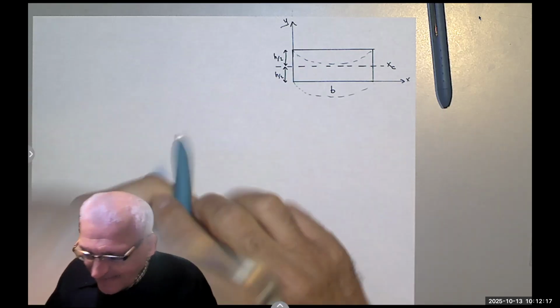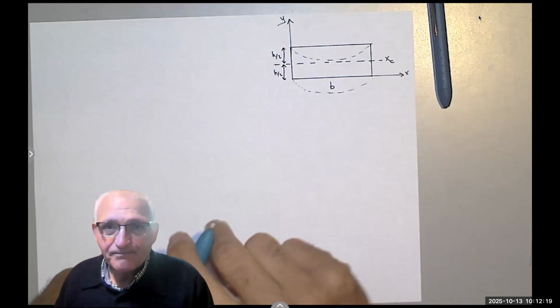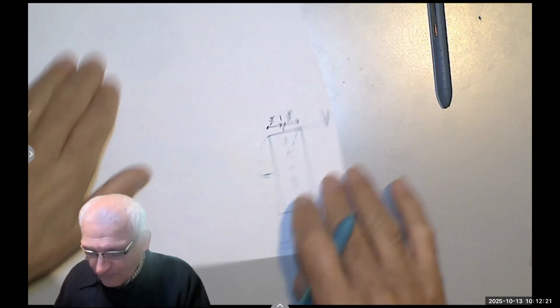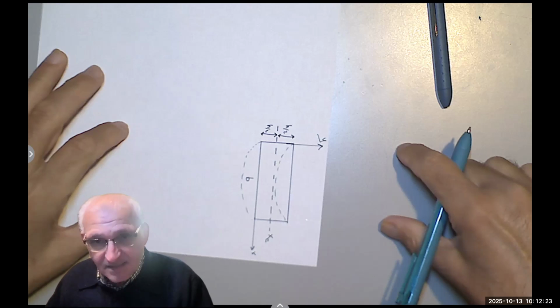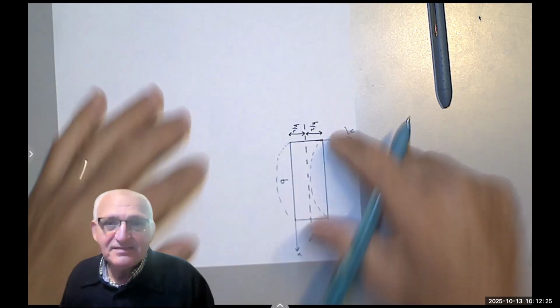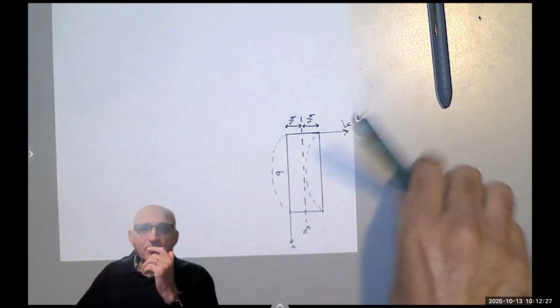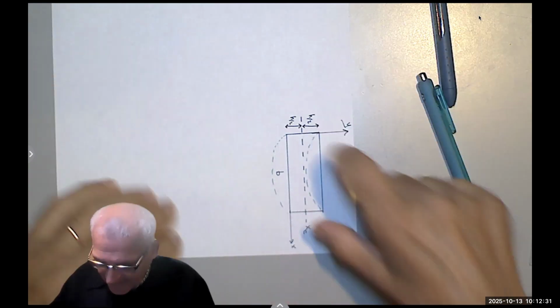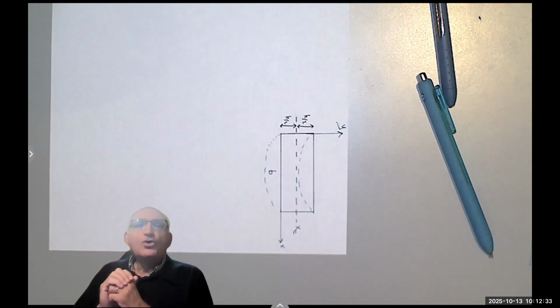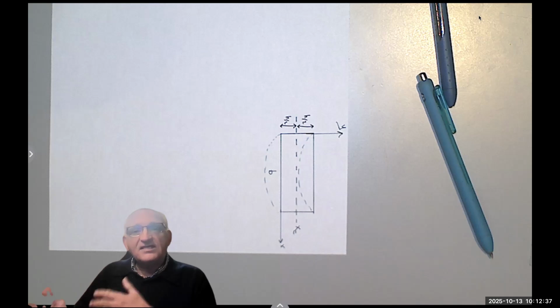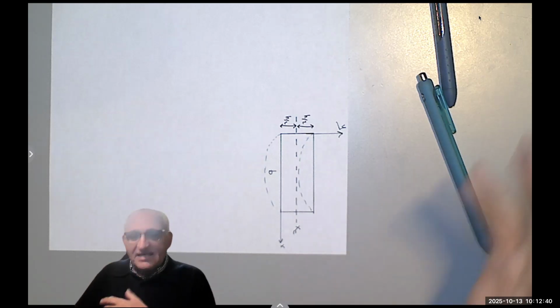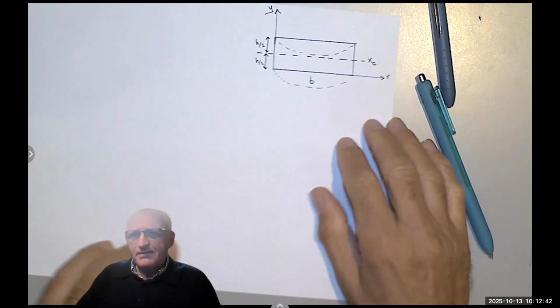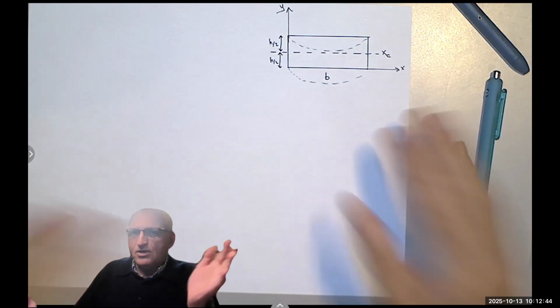But what if I take this beam and turn it over like that, so the base and the height swap, and apply the same loads? Do you expect that beam to deflect the same, or more or less than that beam? Think about it. It's pretty common sense.